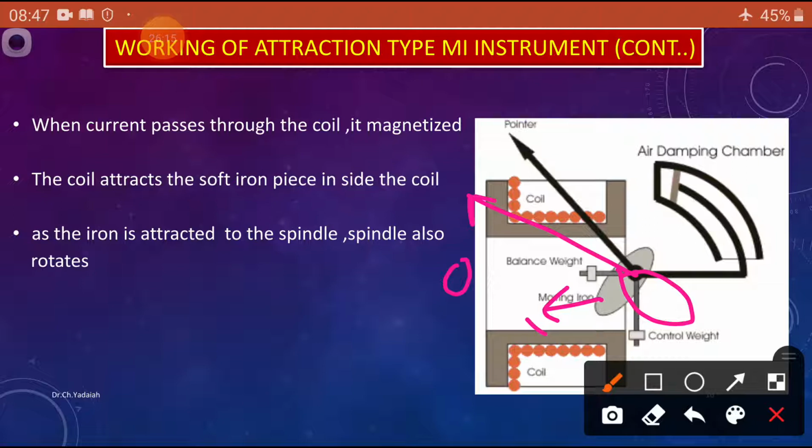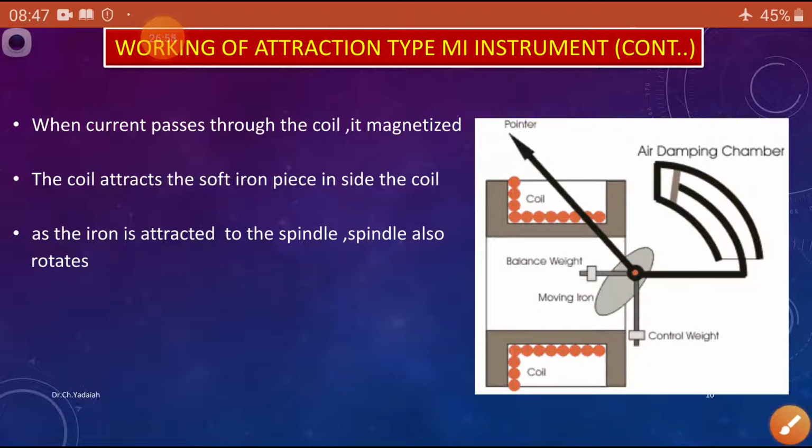Then the pointer, which is attached to the spindle, will move from this position to this position. That means based on the attraction force, the pointer will move by an angle theta. If there is more force, more twisting, more movement, more angle is provided. That means based on the current, if the current is minimum, minimum flux is developed or minimum attraction towards the inside of the solenoid, and the deflection theta is the minimum. If more current, more angle.